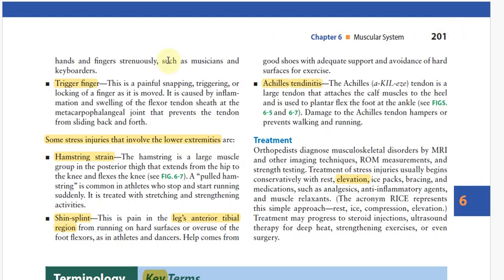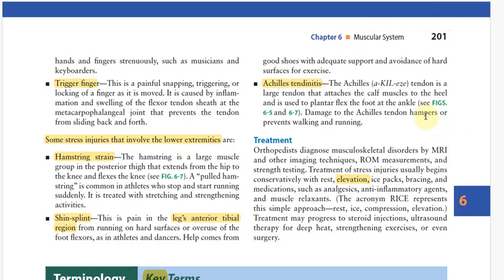On page 201, study trigger finger, which is a painful snapping, triggering, or locking of a finger as it is moved. Study hamstring strain, shin splint, and Achilles tendonitis. This is Achilles tendonitis. Damage to the Achilles tendon hampers or prevents walking and running.